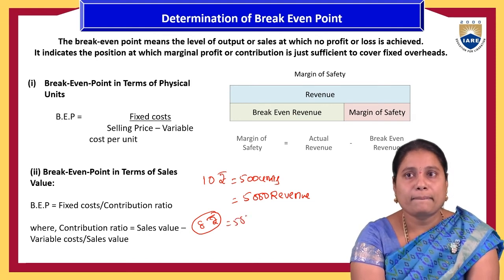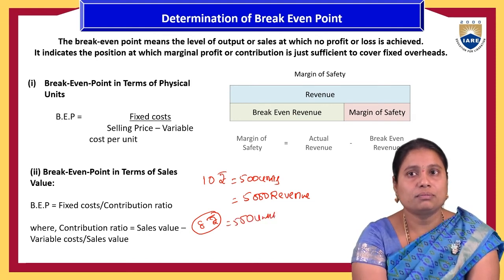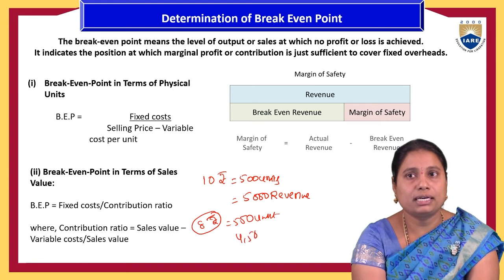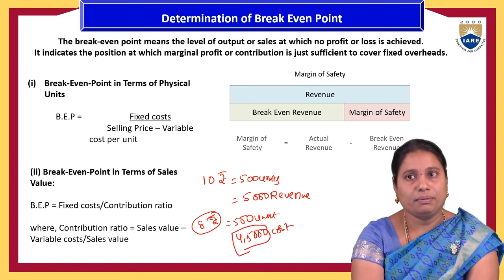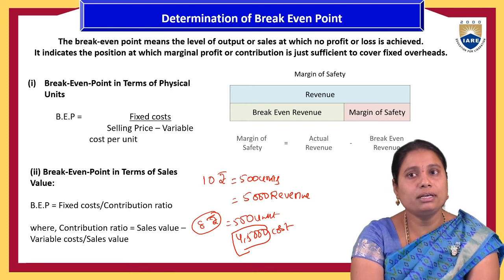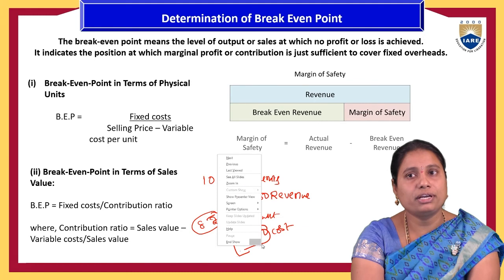Then 500 units means 4,500 rupees of cost which they have incurred on that particular product. So the break-even point is 4,500.